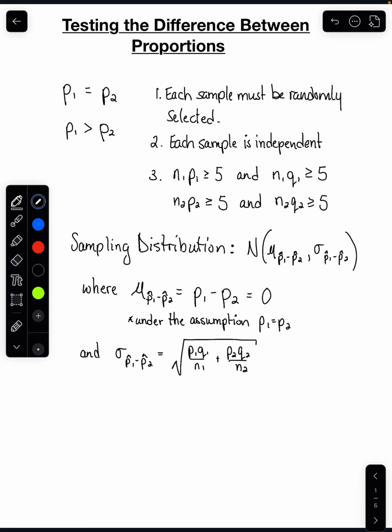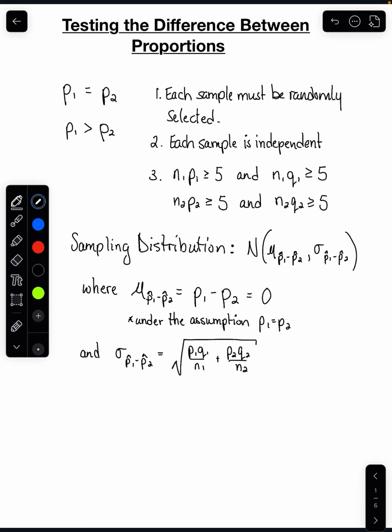Now, we do run into a minor problem here. We could actually come up with the 0 for the mean based on the assumption that P1 and P2 are the same, and therefore we did not actually need to know the values of P sub 1 and P sub 2.